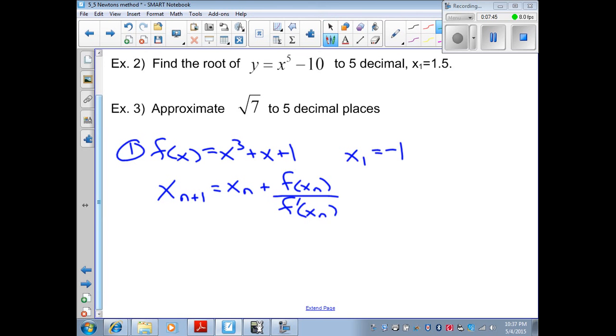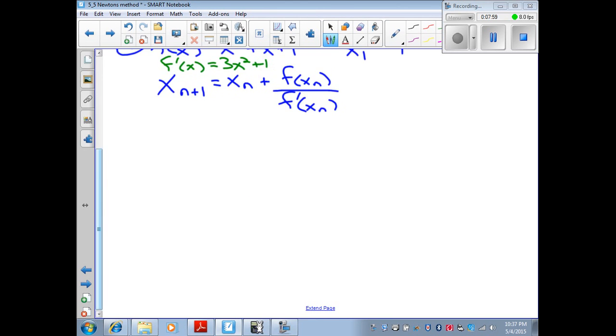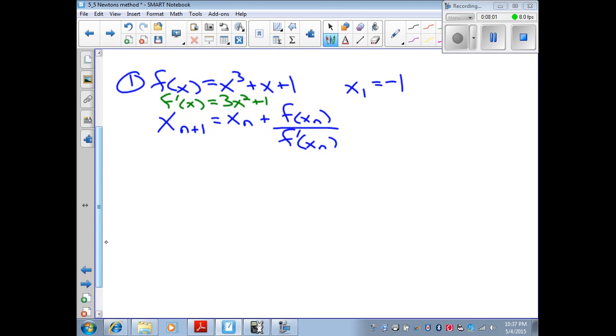In this case, f prime of x is pretty straightforward. It's 3x squared plus 1. So if x1 is negative 1, to find x2 I need to put in x1 minus f of x1 over f prime of x1.